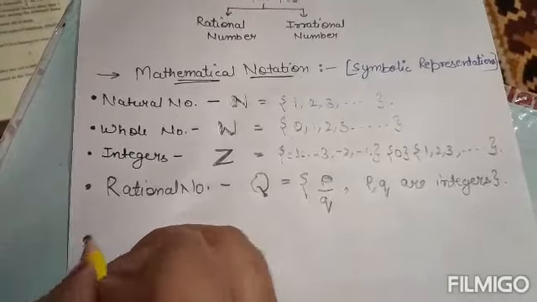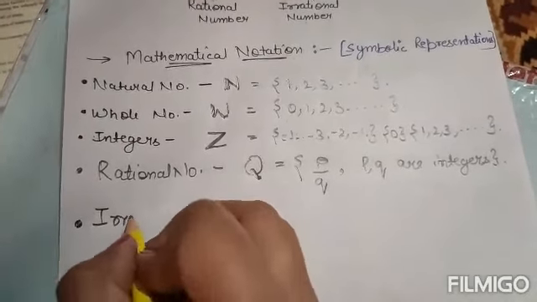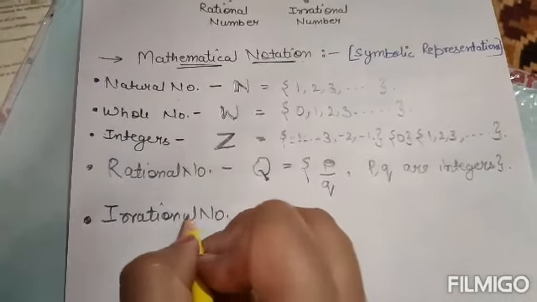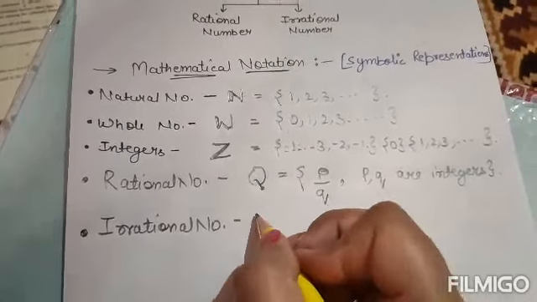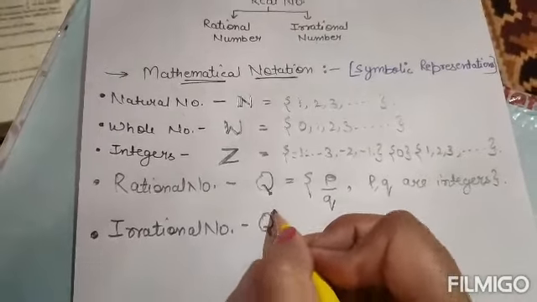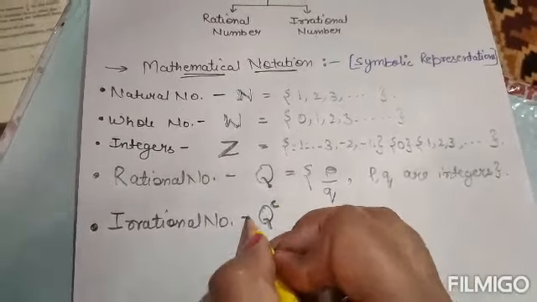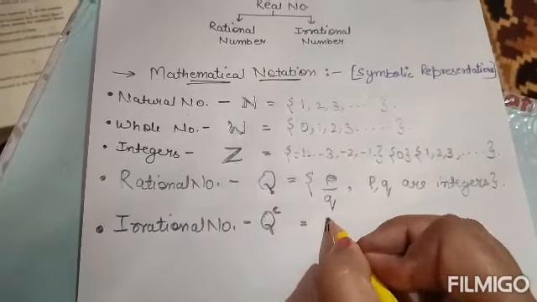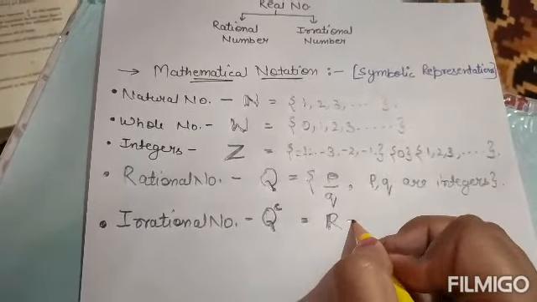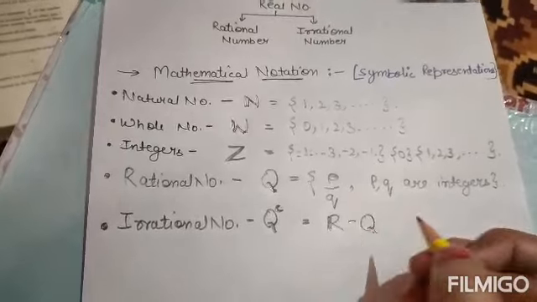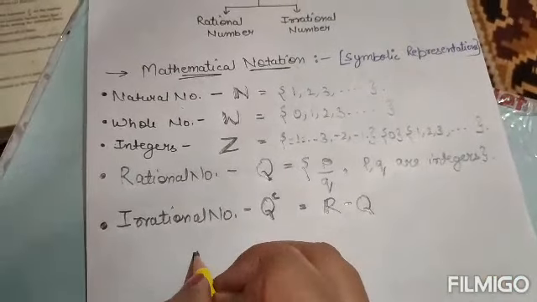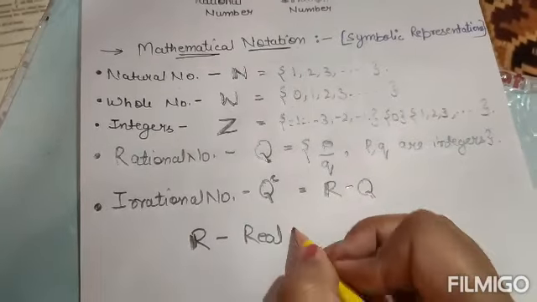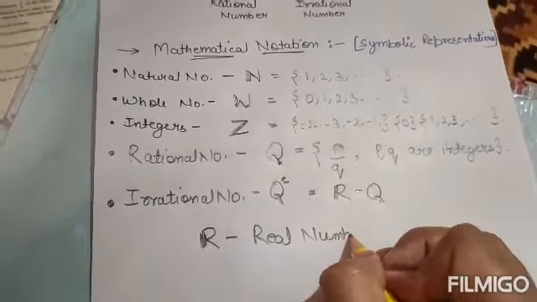And irrational numbers are denoted as Q complement, which is actually R minus Q. What is R? R is represented as real numbers.